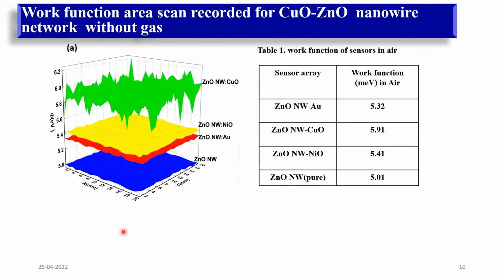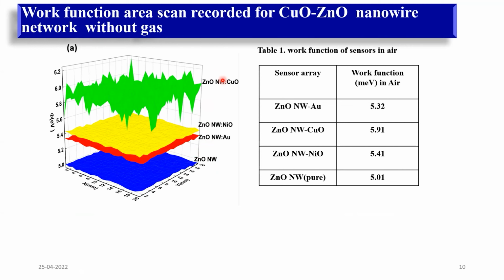And here is the work function map scanned over a sample area of around 1.27 by 1.27 millimeters square using the Kelvin probe technique. This figure shows the change in work function of zinc oxide nanowire, pure and after surface modification with different sensitizers. Modifying the surface of nanowires using different sensitizers leads to an increase in the average work function.